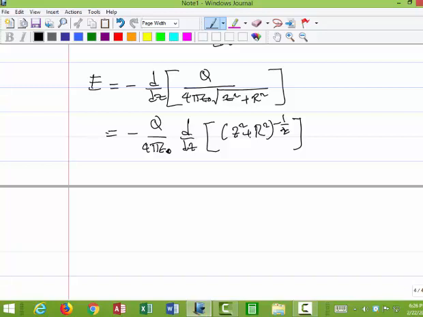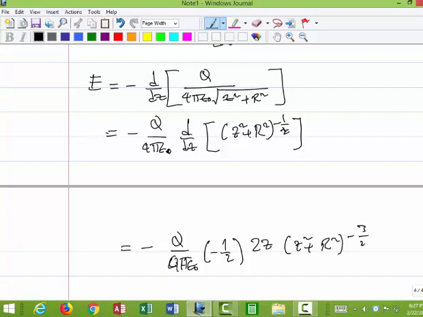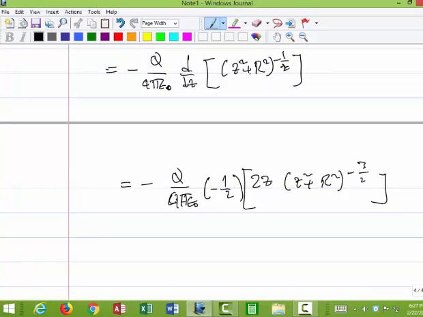So it's going to be equal to minus Q over 4 pi epsilon naught, and then you're going to have 2z, and then you have z squared plus r squared to the minus 3 over 2. So this is what you should end up with. Is everybody getting that?